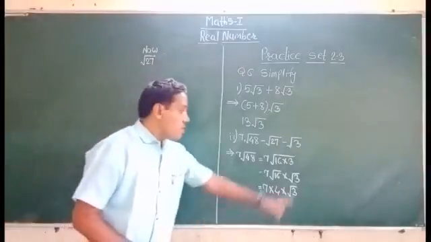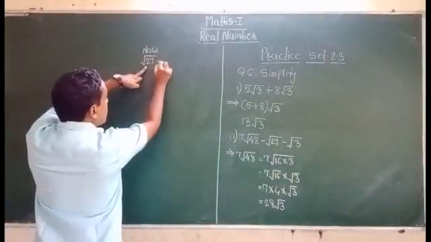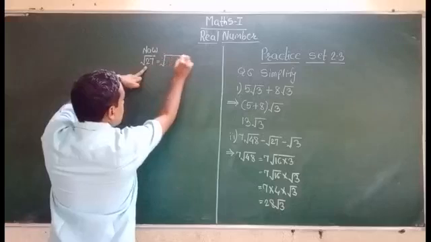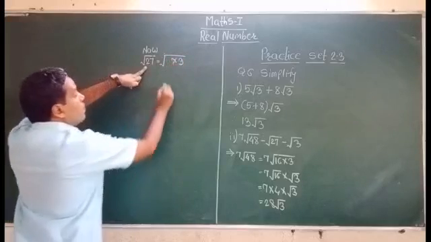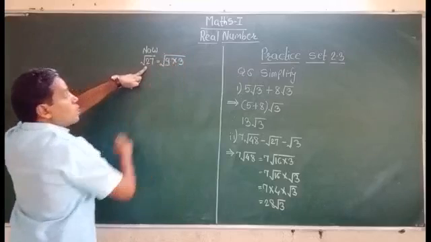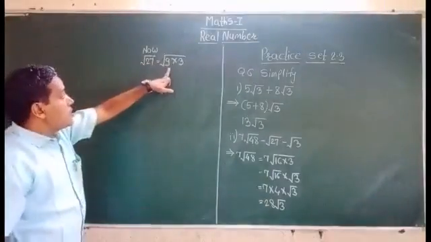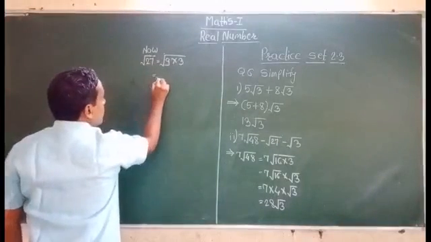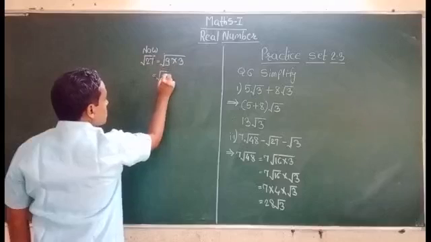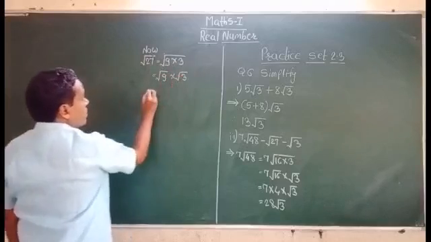In those two numbers, one number is 3. The product of the two numbers 9 into 3 is 27, which means the second number is 9. We split it up into separate surds, surds 9 into surds 3.